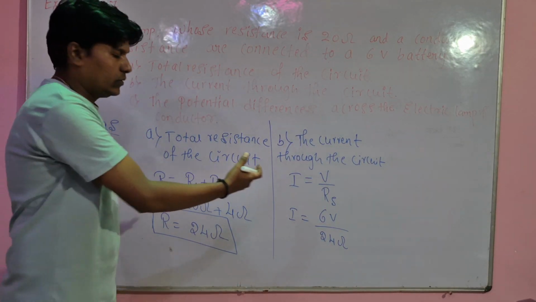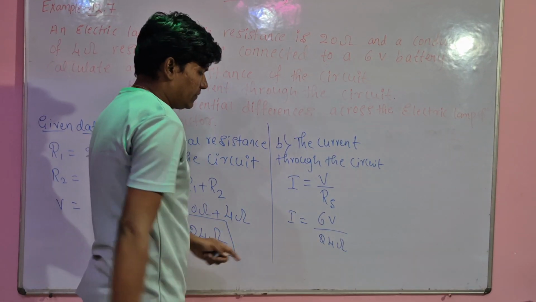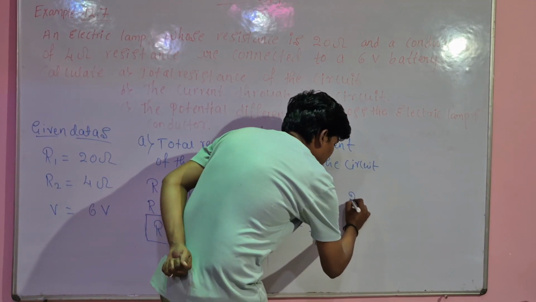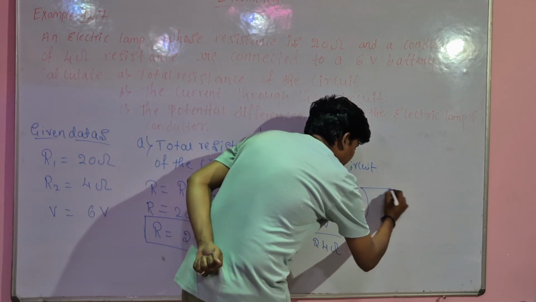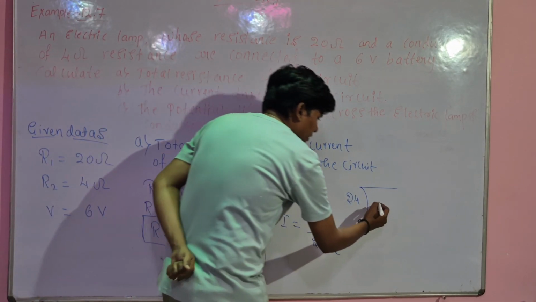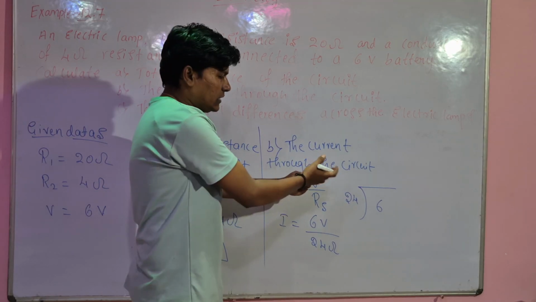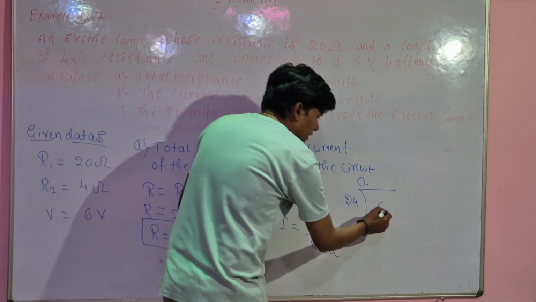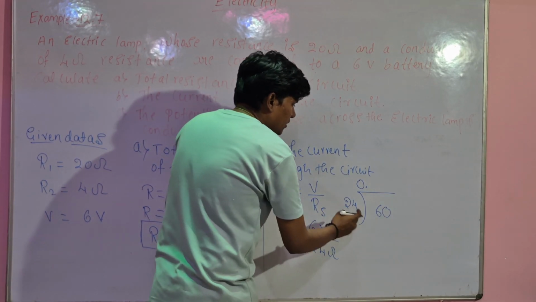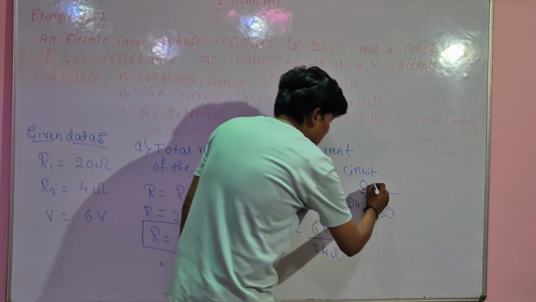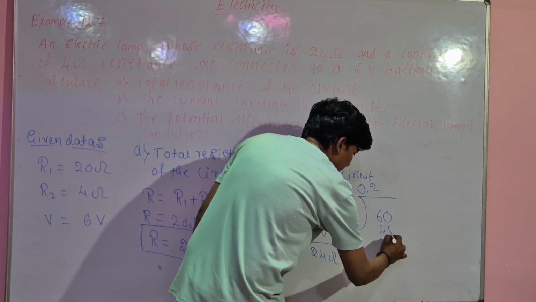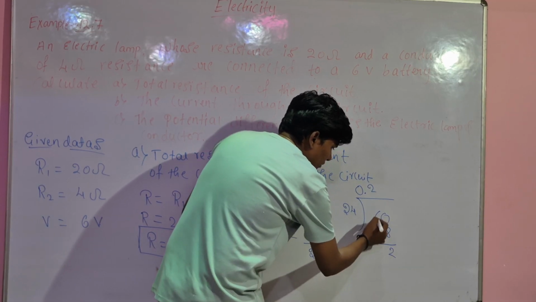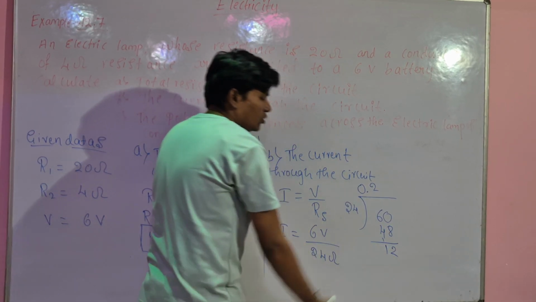Now we have to calculate by dividing these two. We take 24 here and 6 here. In the 24 table, 6 is not coming, so we add a 0 and put the point here. 24 twos are 48, and 10 minus 8 is 2, 6 minus 5 is 1, remaining 12.